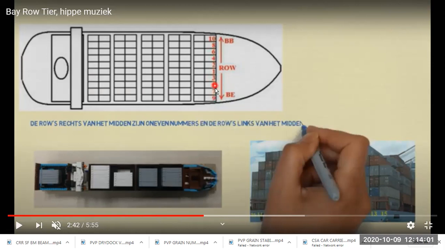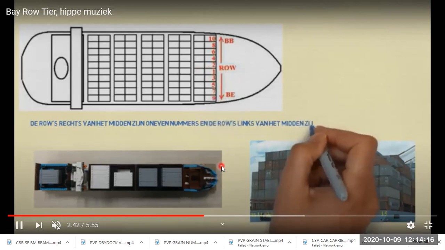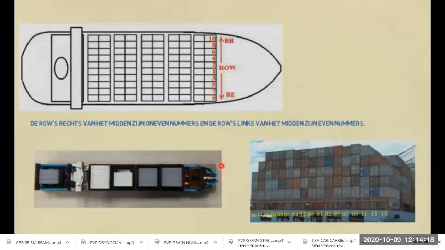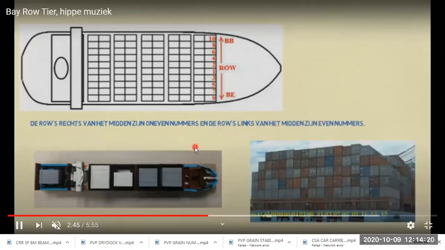So like this: 1, 3, 5, 7, 9, and port side 2, 4, 6, 8, 10. So total 10 rows. So we don't have any center line number. If we have a center line row, then we put this 0, 0. So even numbers on port side and odd numbers on starboard side.